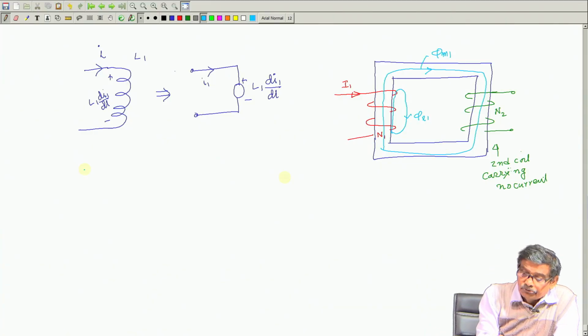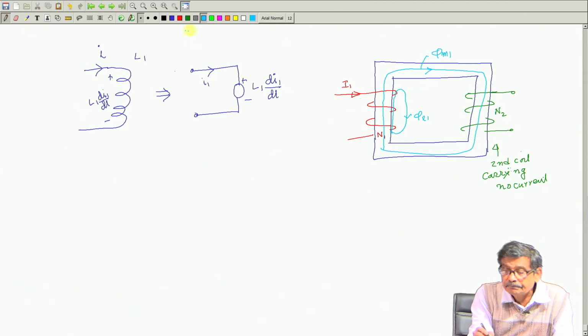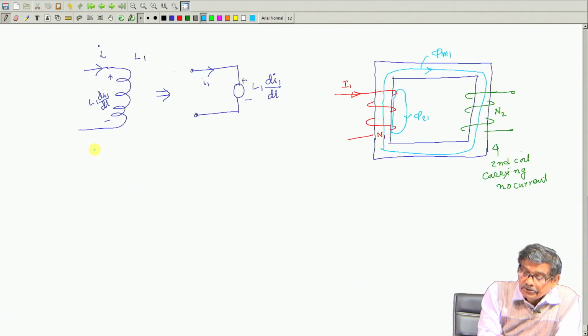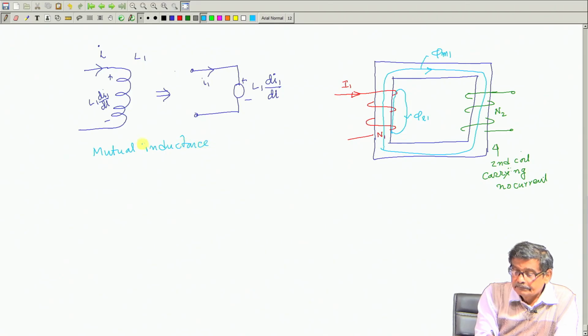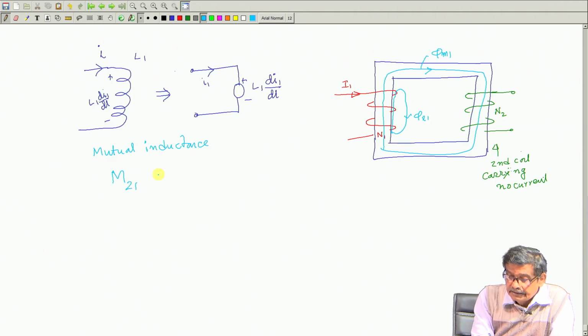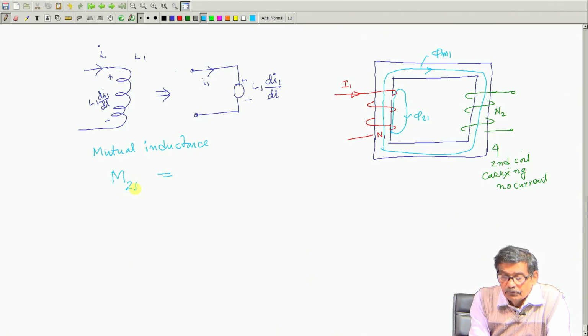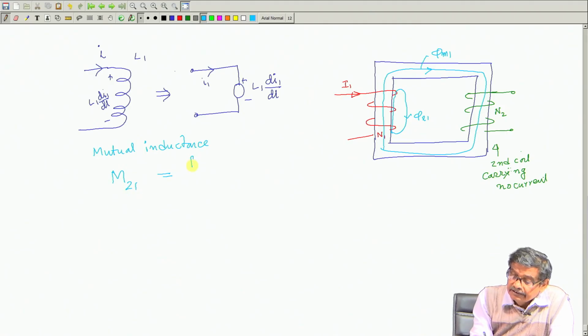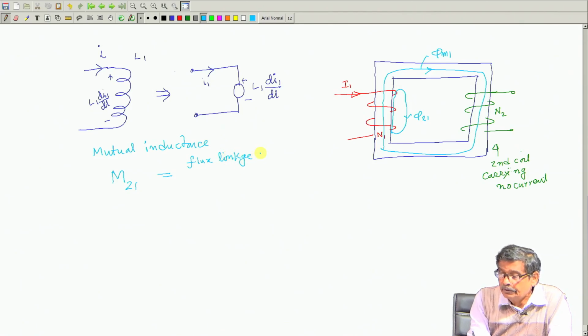Now, the mutual inductance between these two coils is defined as M21, that is how I will write. Coil 1 is carrying current. What is the flux linkage with the second coil when 1 ampere flows in the first coil?